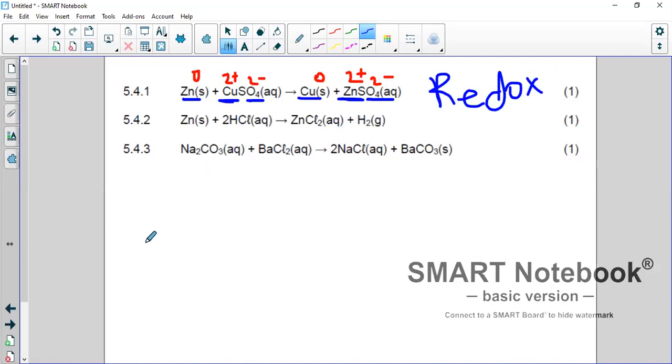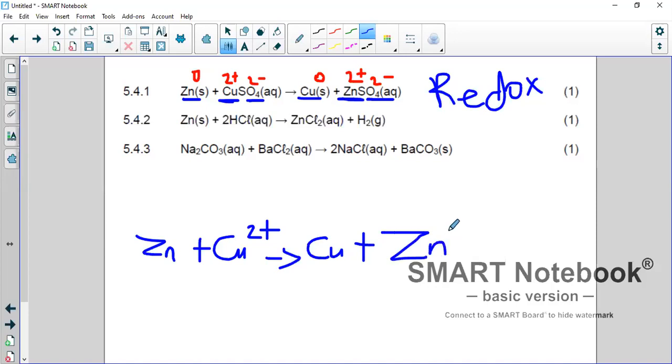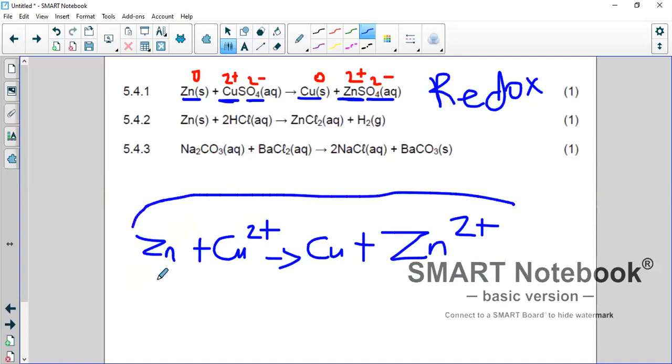So you can just write it as Zn plus Cu2 plus to give you Cu plus Zn2 plus. That's the net ionic equation without the spectator ions. So this is the reaction that is taking place. Your zinc loses electrons to copper, and copper gains 2 electrons. That's your net ionic equation, so that one becomes a redox reaction.